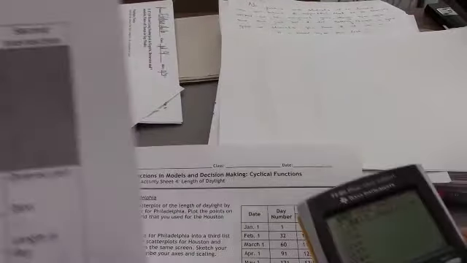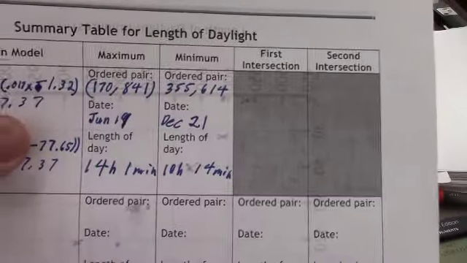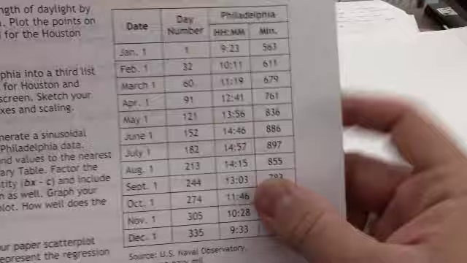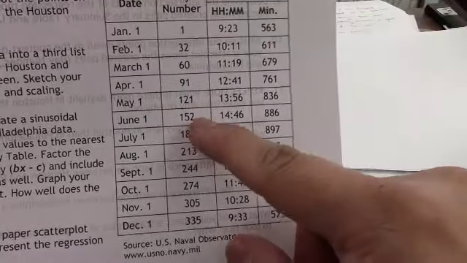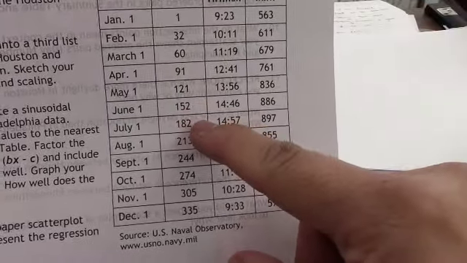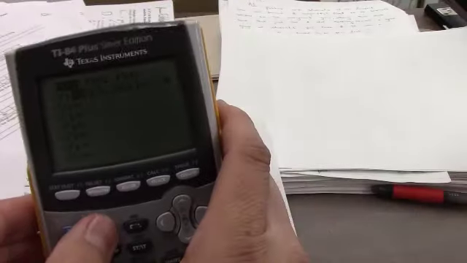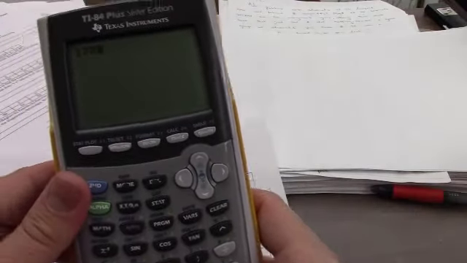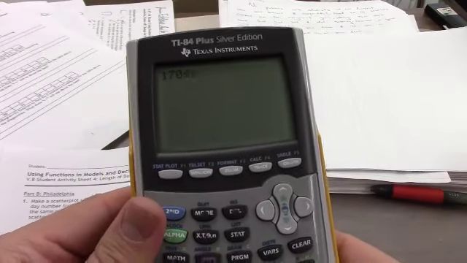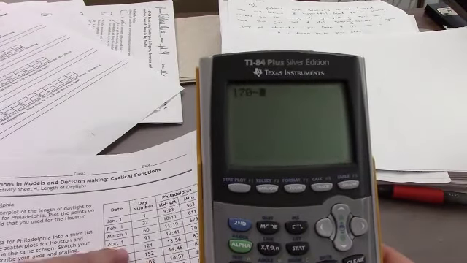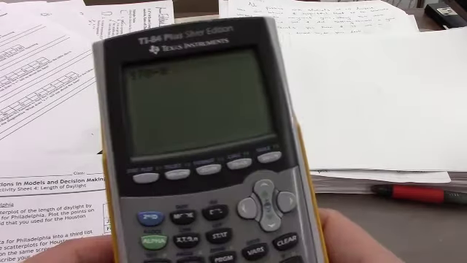I could actually use this chart. I took the fact that I have this for the day 170, and I just look at this chart. If I look for numbers close to 170, I have 152 and 182. So I'm going to go with the smaller one, and I take 170 minus 152.